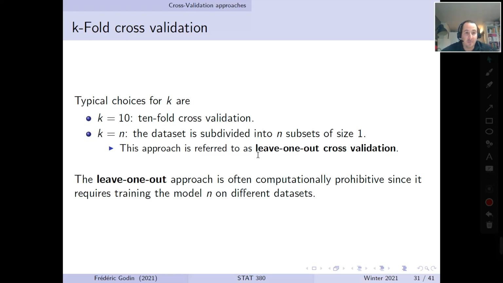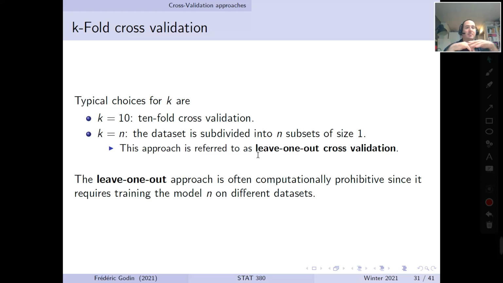It would be ideal in practice because it allows maximizing the use of your data when estimating the model, because you're able to train the model on n minus 1 observations, which is the most you can do if you want to have an out of sample prediction.